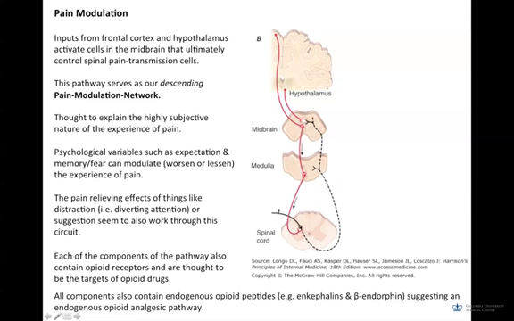Now, this network is described as the pain modulation network. And this pathway is thought to explain why pain is such a highly subjective experience, why one type of injury for one person doesn't seem to be as painful as for another person. So psychological variables like expectation, memory, and fear can actually work through this system.